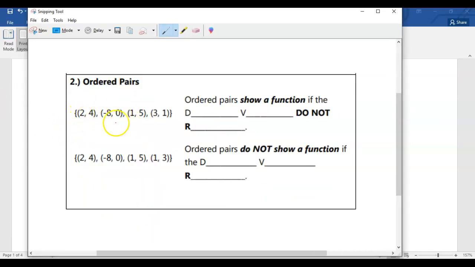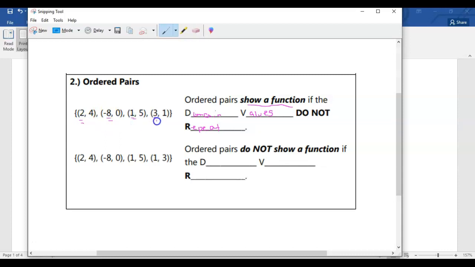Okay, I can list ordered pairs, and I know that an ordered pair shows a function when the domain values do not repeat. Okay, so our domain values are not repeating. Again, I go back to my X analogy, right?